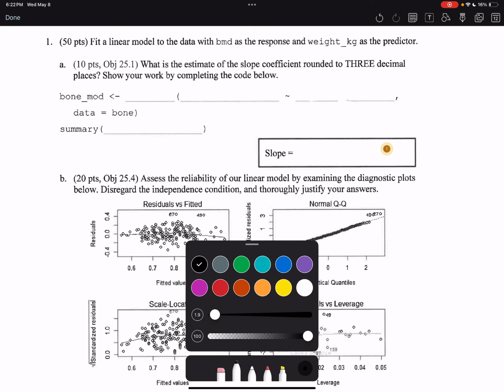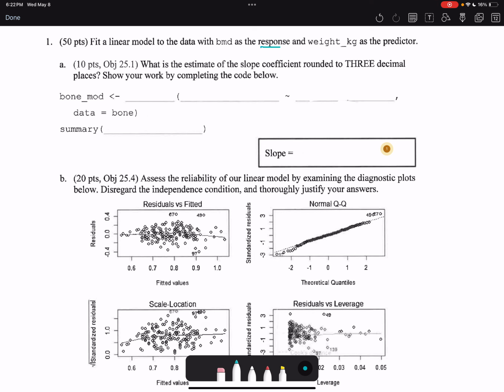Okay, so I want to change color. Let's say response and weight in kilograms as the predictor. So we're going to say response, and this is going to be not the predictor, the weight in kilograms. I don't know why I wrote the response, sorry.